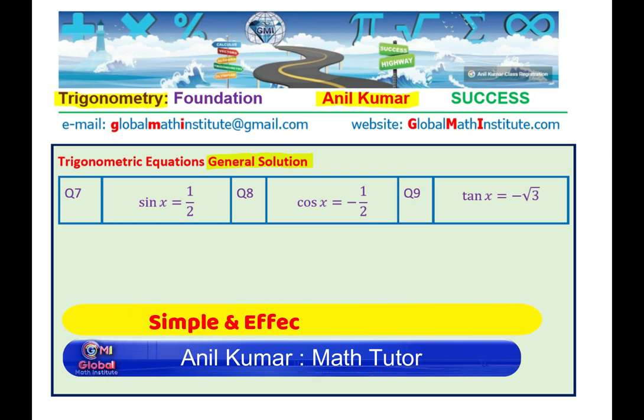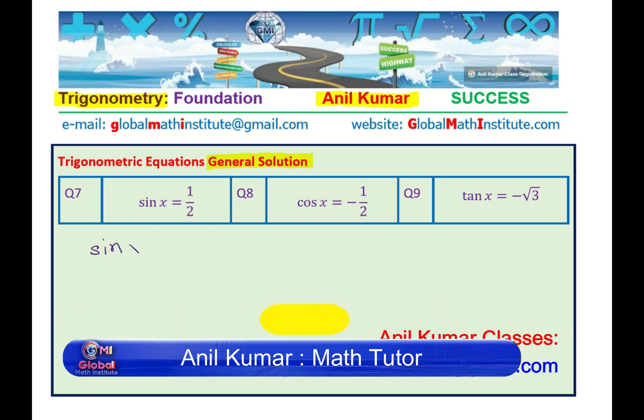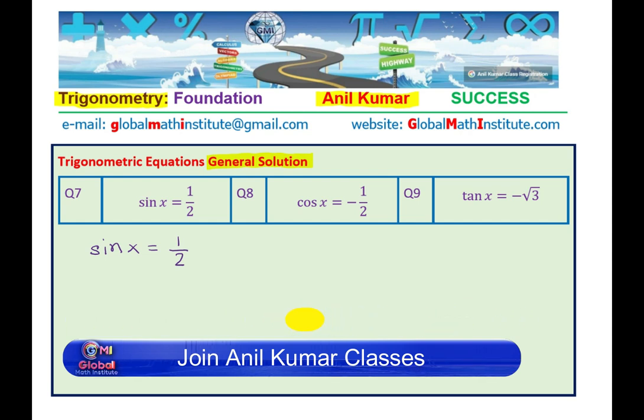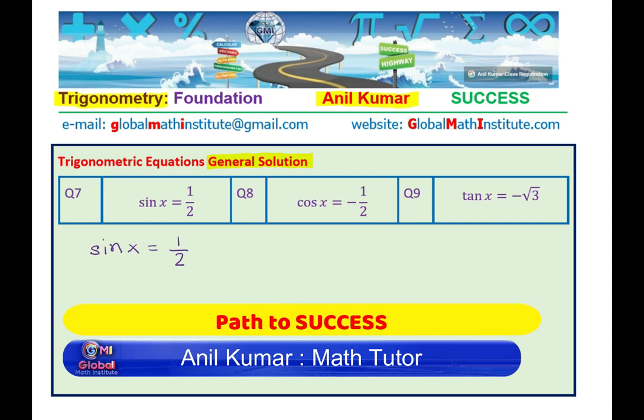Now, let's take up the solution of these questions one by one. The very first one here is sine x equals to half. Now, when we are providing a general solution, we have to see all possible solutions within the normal domain of 0 to 2 pi or 0 to 360 degrees.